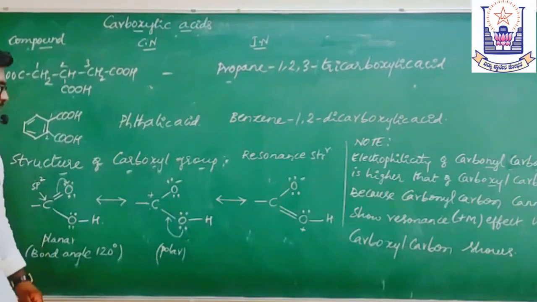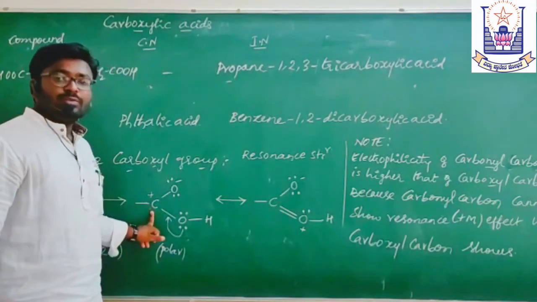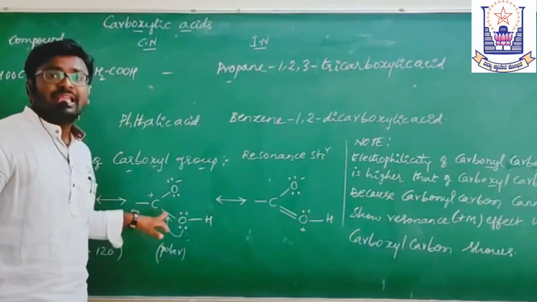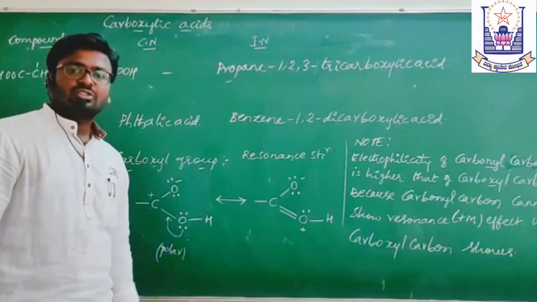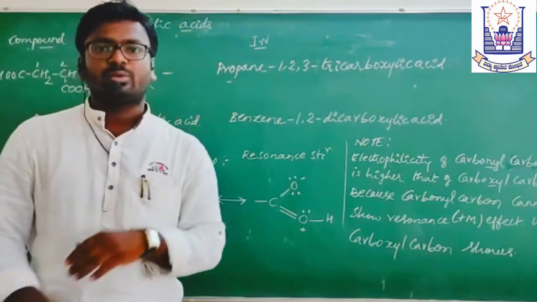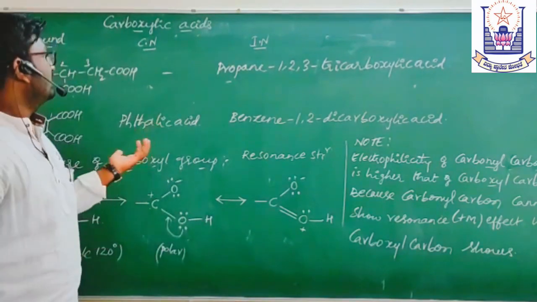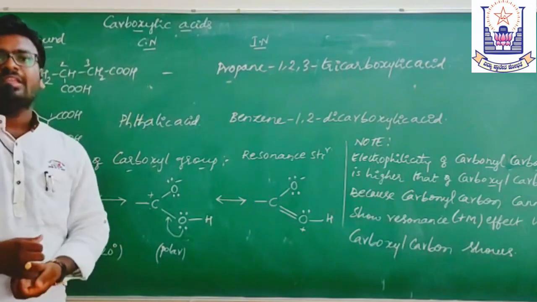The bond angle is 120 degrees. It is a polar molecule, and the electrophilicity, that is the electron deficiency, of this carboxyl carbon is less than that of the carbonyl carbon, because it shows the resonance effect and that cannot show. So this is all about the introduction, nomenclature, isomerism and structure of the carboxyl group.